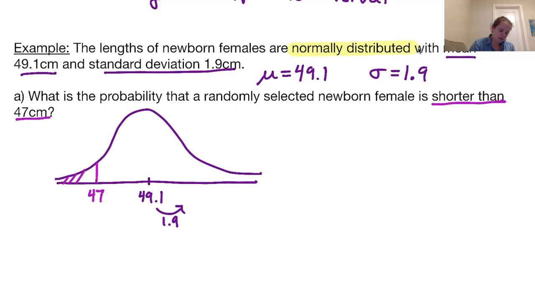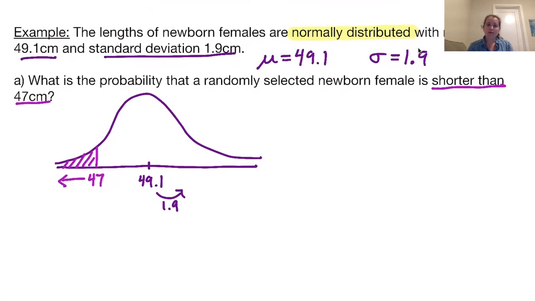So the probability of being less than 47 is the area under the curve to the left of 47. Again, there are tools at this point that can be used for finding the probability straight from here. We are going to practice walking through z-score.